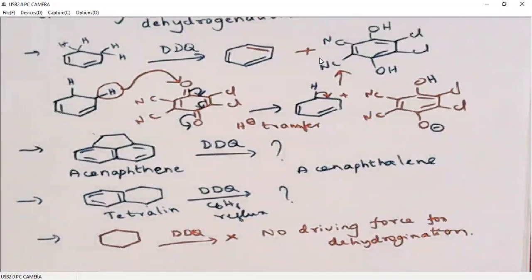There should be some driving force. That means it has to have some double bonds already in the ring. Then with DDQ oxidation, we can generate some more double bonds. But without any double bonds, it is not possible to oxidize this cyclohexane.